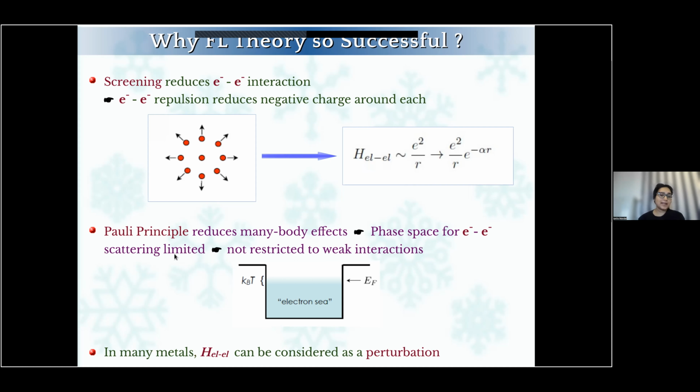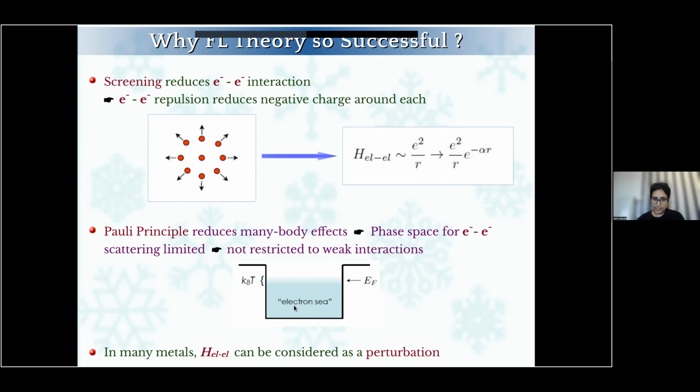Then we are familiar with the Pauli principle for fermions, which helps to reduce many-body effects. This is because the phase space for electron-electron scattering in the low energy limit is quite limited. For example, let us take this electron C at temperature T. The excitations of this electron C will be limited within this window of kBT.